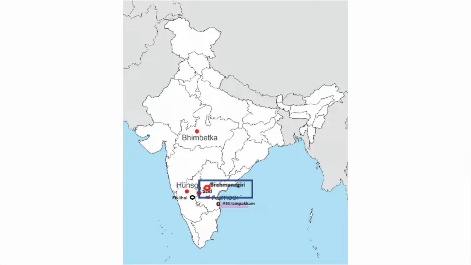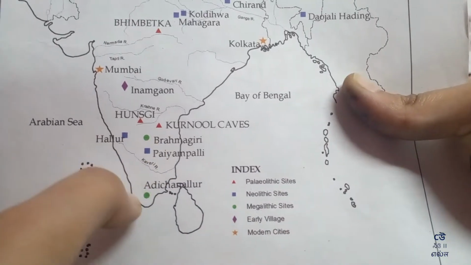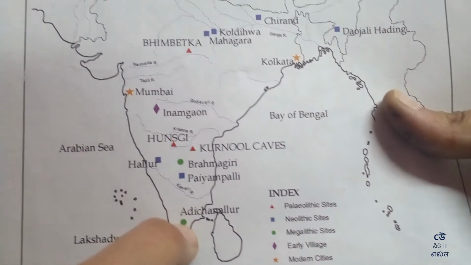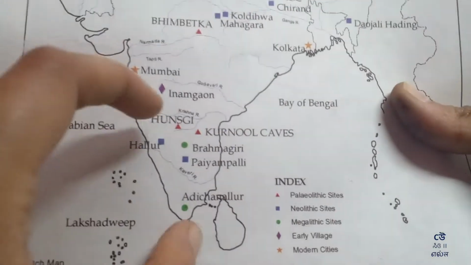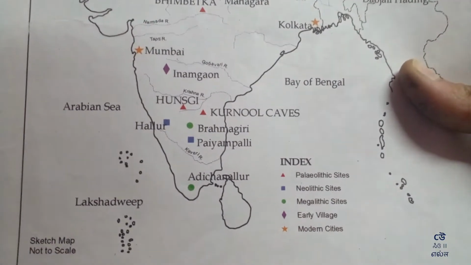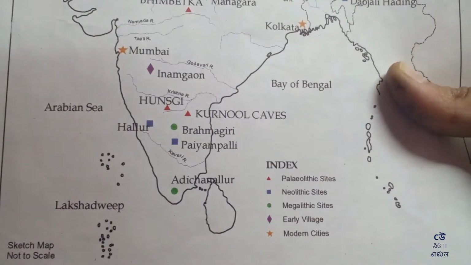This is the site of Brahmagiri, and there is another megalith site, Adi Channallur. These two sites are megalithic sites.